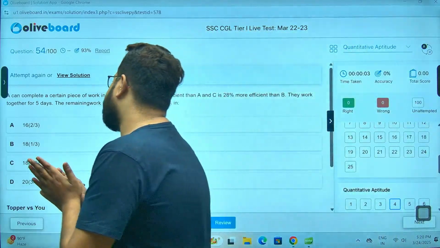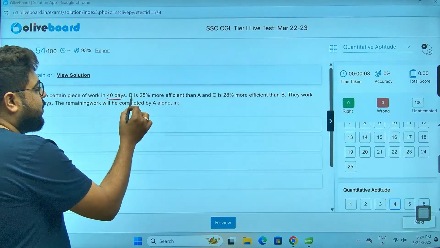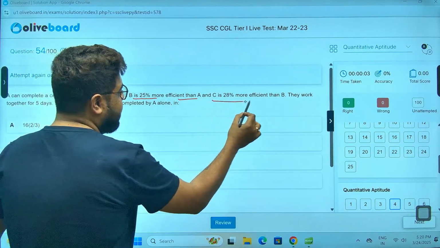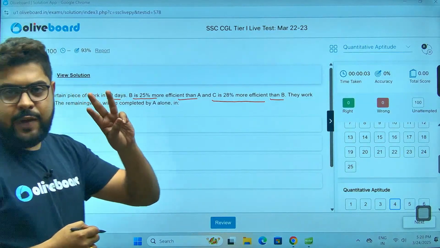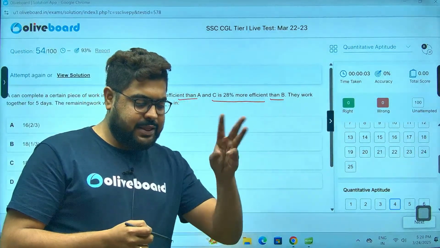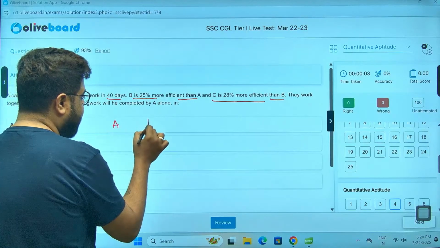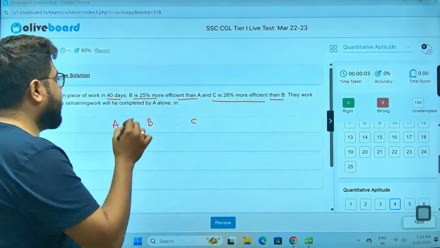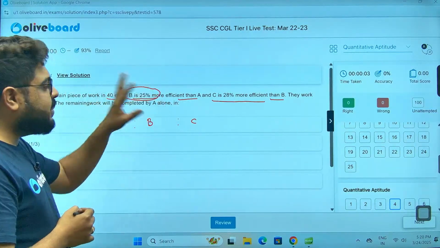A can complete a certain piece of work in 40 days. B is 25% more efficient than A and C is 28% more efficient than B. So we need to figure out the relation between the three, A, B, and C. You can go one by one.